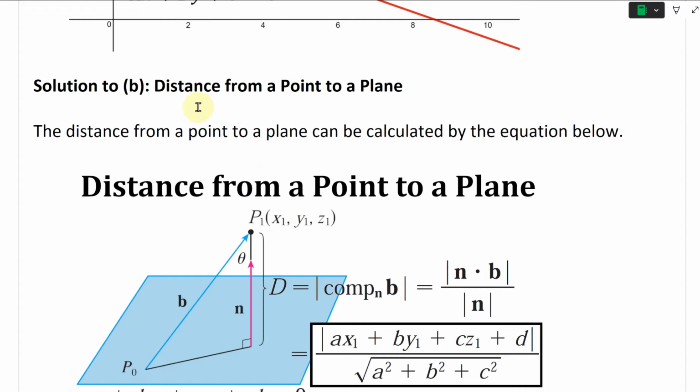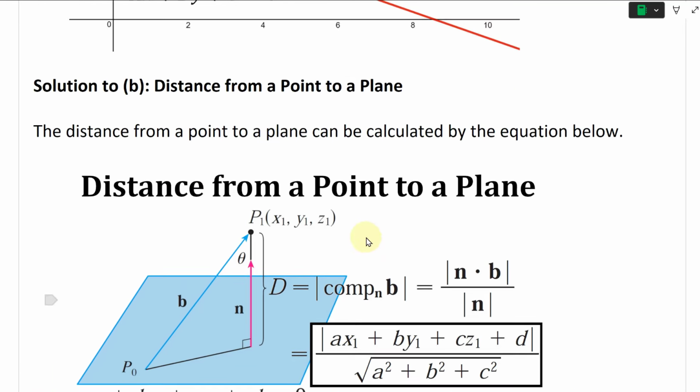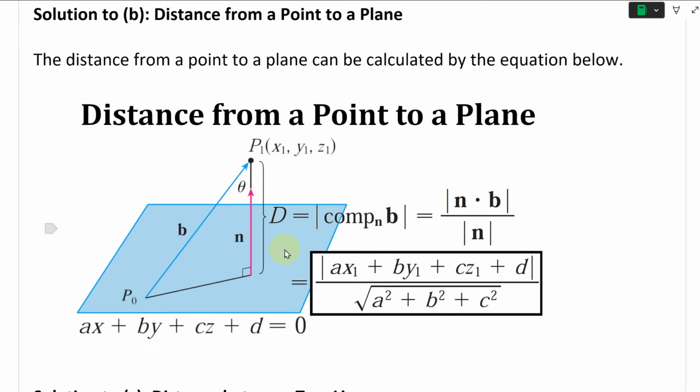So the solution to B, and this one was asking the distance from a point to a plane. The distance from a point to a plane can be calculated by the equation below. This was my earlier video. So you have a point like that, and from P naught and P1 it forms this B vector. And you have this n vector, which is the perpendicular one. The distance is going to be the full length here. This n vector could be small, it could be big, you don't know what it is.